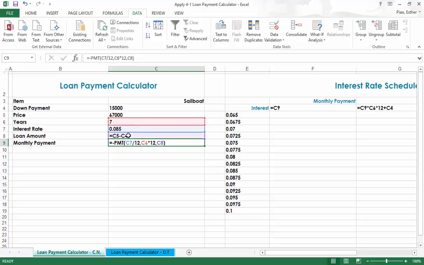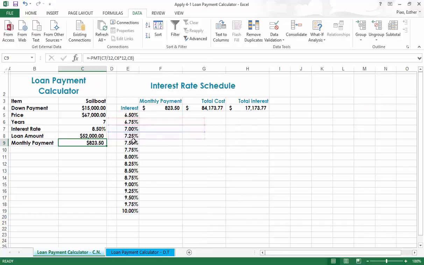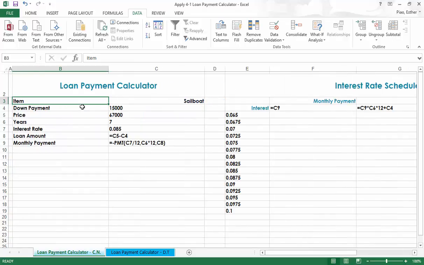This probably is not the most intuitive way to do that, and therefore we are going to name our cells, so that in a later phase when we do the calculation, it is much more intuitive because we're going to be using cell names instead of cell coordinates.